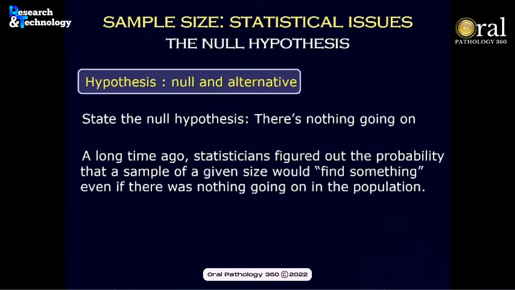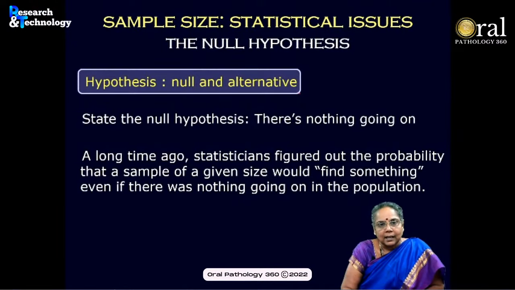Now, when we have a hypothesis, there are two types, null and alternative. I'll be focusing much on the null hypothesis. When we say null hypothesis, there's nothing going on. So in my example, the null hypothesis would be probiotics do not reduce the prevalence of oral candida in the elderly patients. So why do we need a hypothesis?